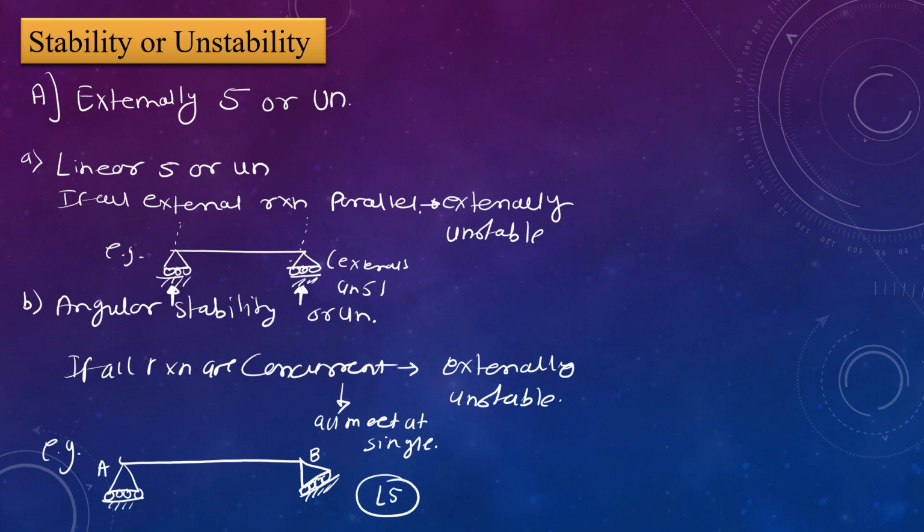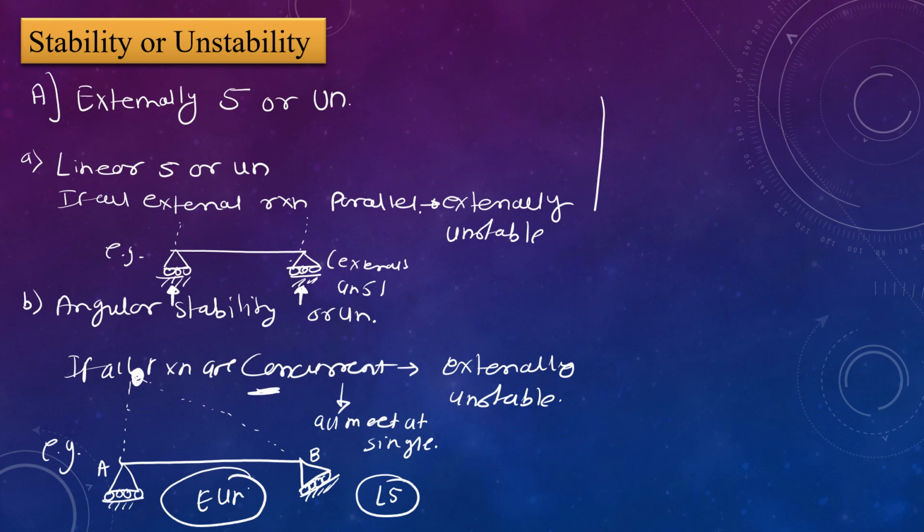But if we extend both the reactions, they meet at some point. Both the reactions are concurrent to each other. That's why this structure is externally unstable.